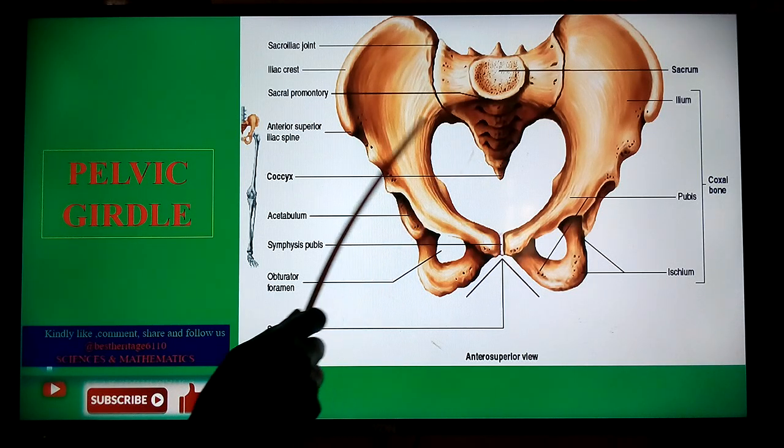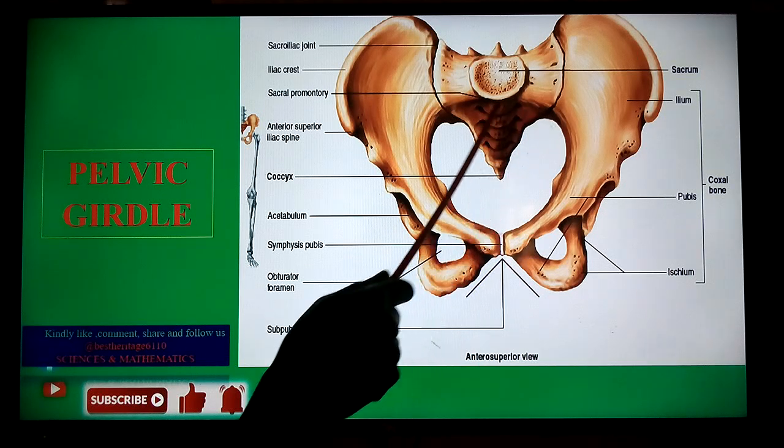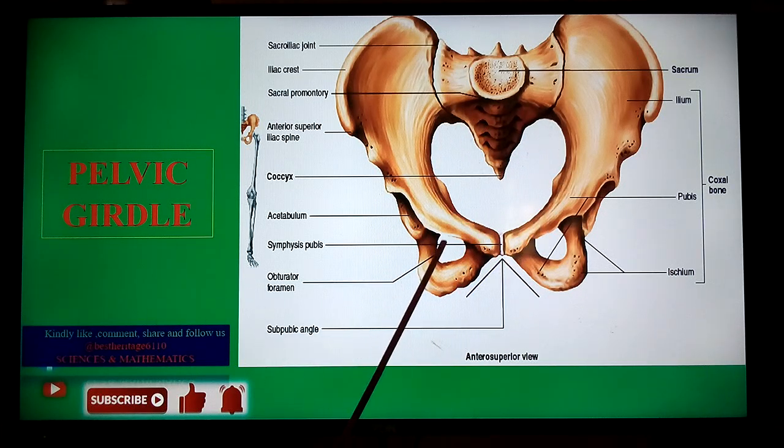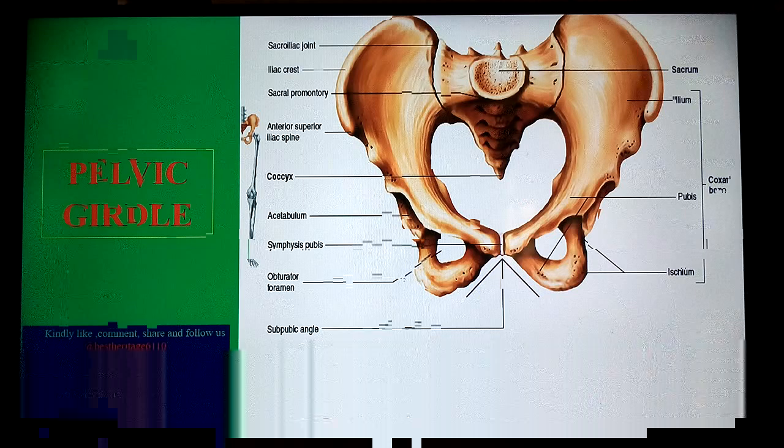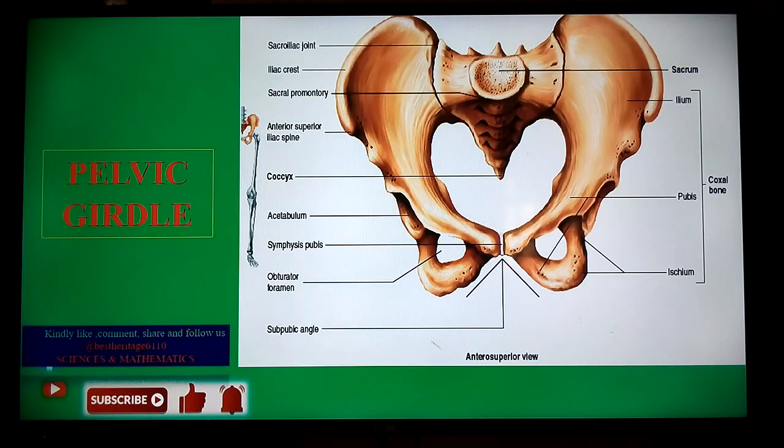So there are various ways in which we're going to consider the foramina that are found in these specific sections, and try to see what is the difference between the male and the female pelvic girdle. We're going to show the difference between these various parts of this pelvic girdle.